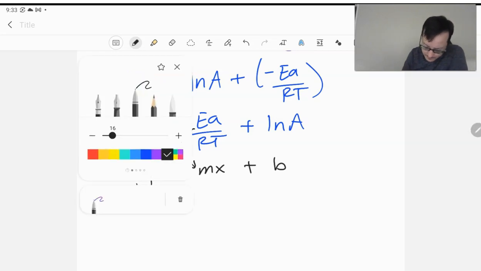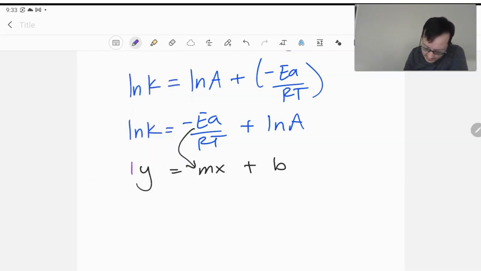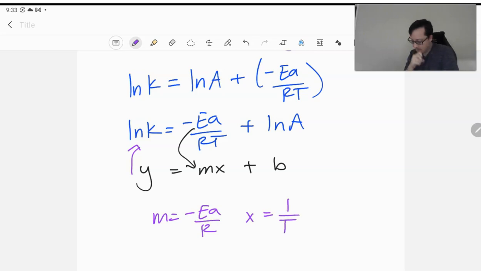So we're going to see that y is ln k. m would be negative EA over R. And then x is 1 over T. So that means we're going to be graphing this with respect to 1 over the temperature. And then we just have our intercept, which will be the ln of A. So that's just b.